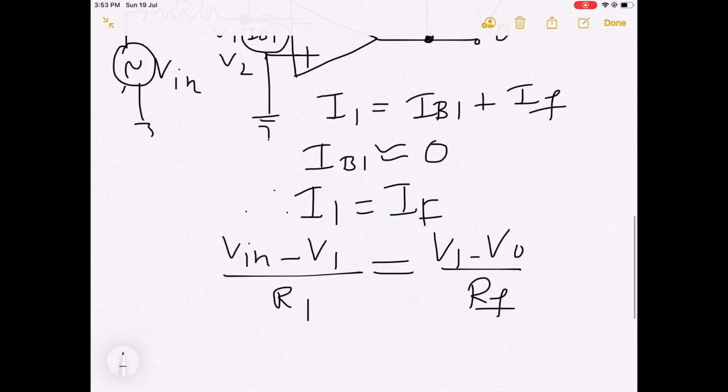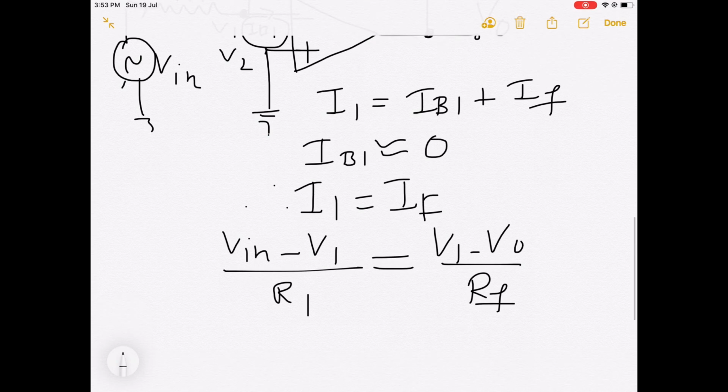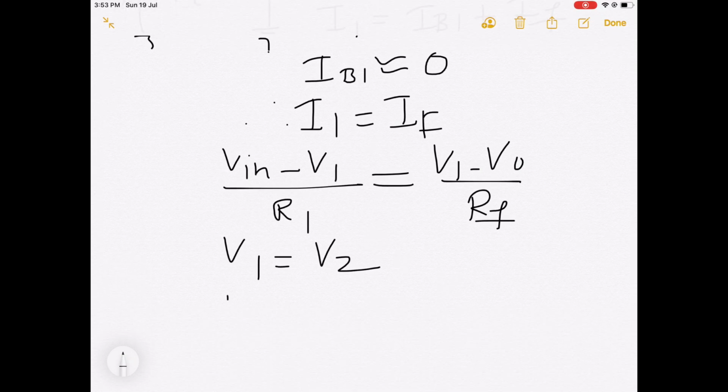Now, here we have to use the virtual ground concept. By the virtual ground concept, V1 is equal to V2. So V2 is at ground potential, that's why V1 is also at ground potential.